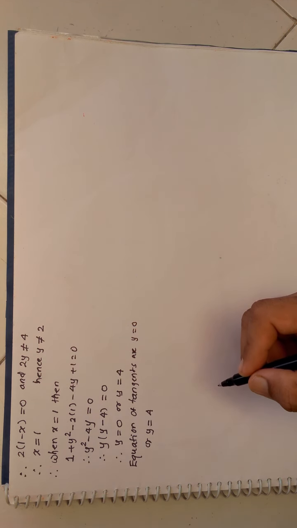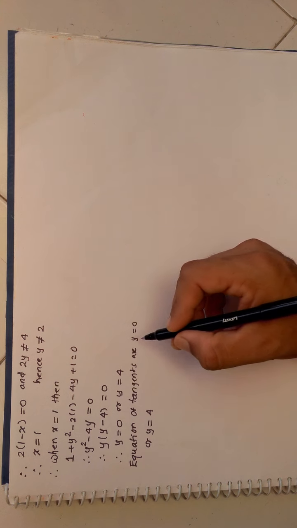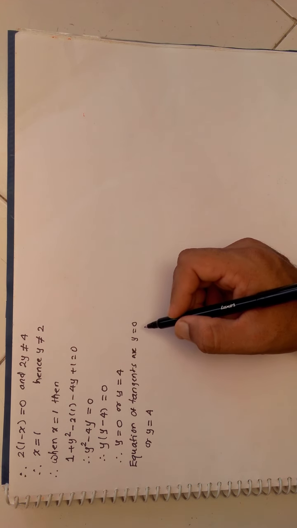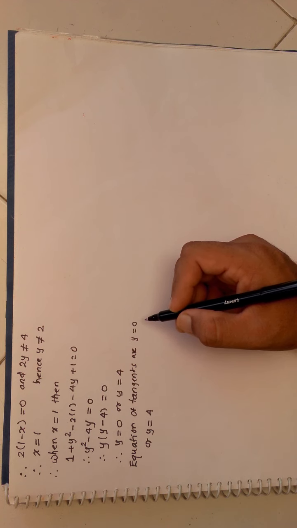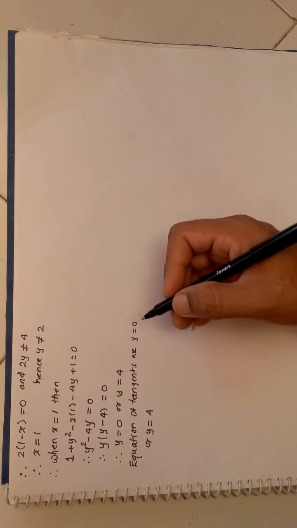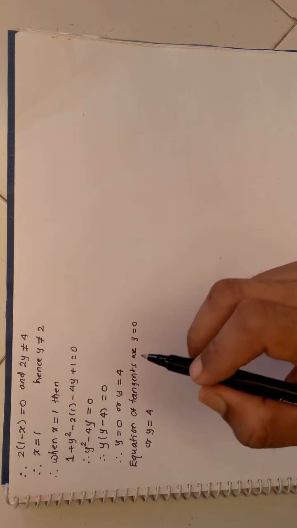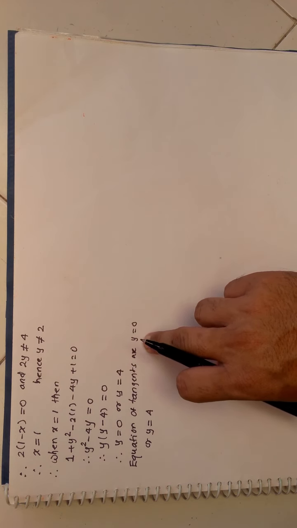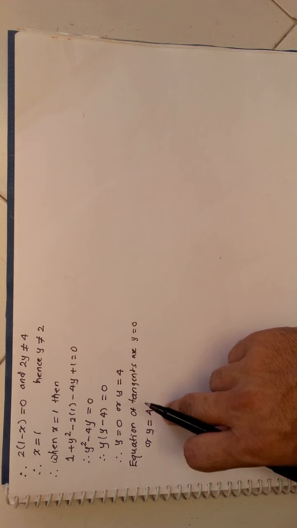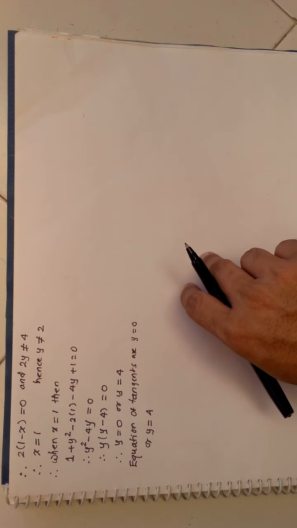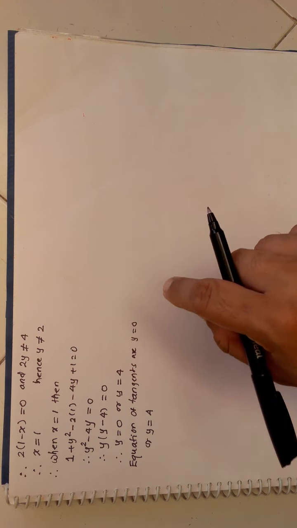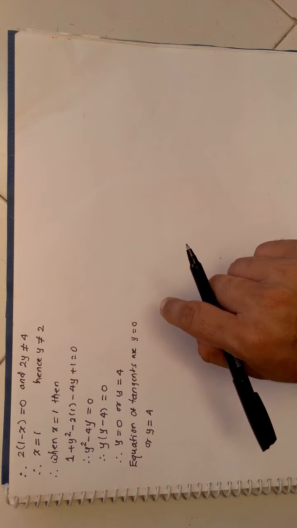But the condition says that the tangents are parallel to the x-axis, and y is equal to 0 is the x-axis itself. So if you are going to take only parallel, then the equation of the tangent will not be y is equal to 0 but only y is equal to 4, because y is equal to 4 is the only tangent parallel to the x-axis.